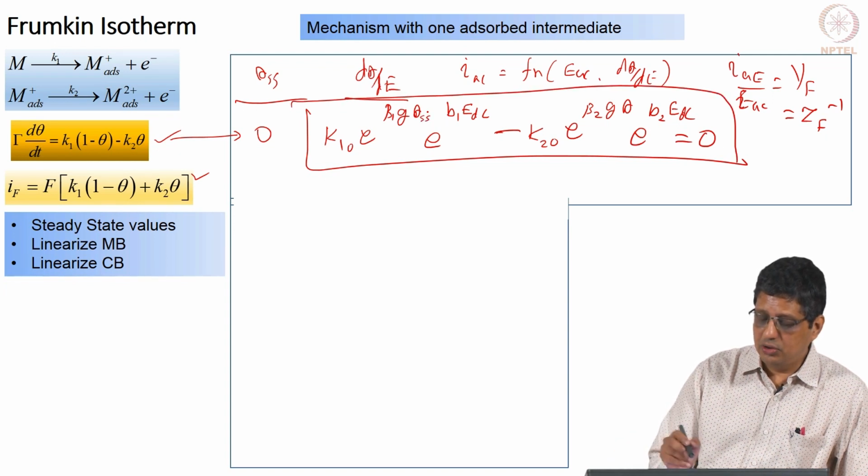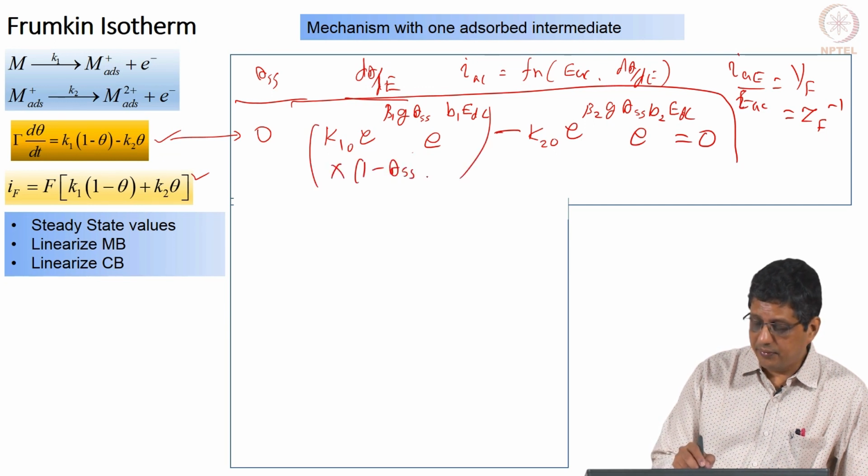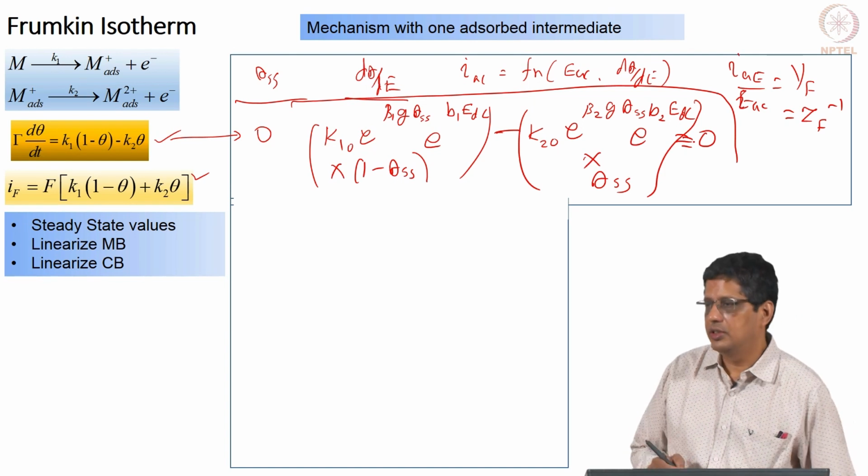And theta should be written as, of course, I have not done this correctly, I will delete it, this term multiplied by 1 minus theta SS, this term multiplied by theta SS, and if I subtract them, that is going to go to 0.